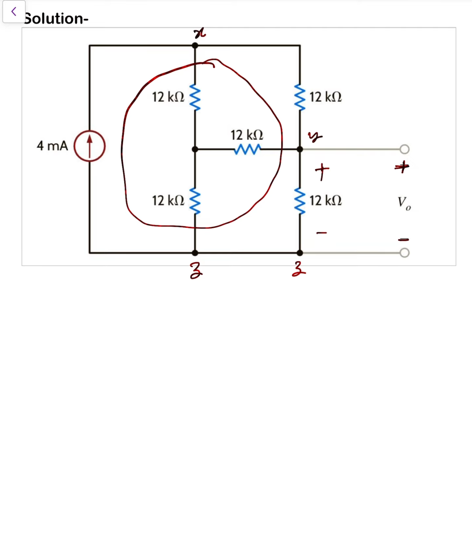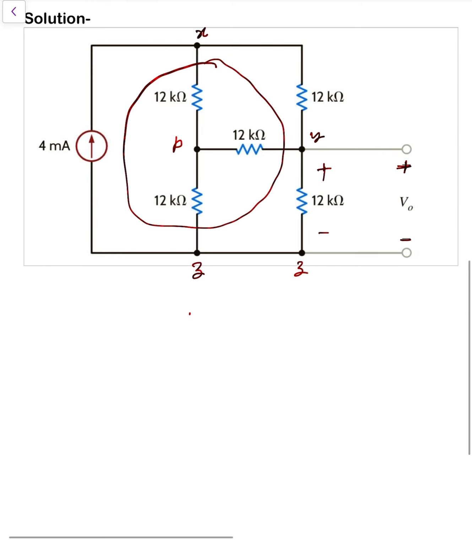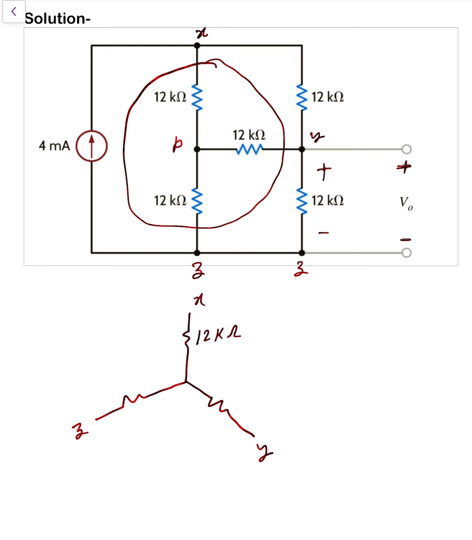If this is converted into delta, and that is considered point P, first make here x, here z, here x, here z, here y like that, and that is 12 kilo ohm, and that is 12 kilo ohm, and that is also 12 kilo ohm, and that point is P.